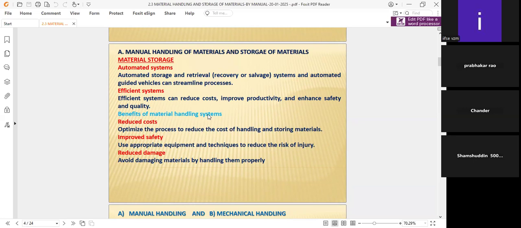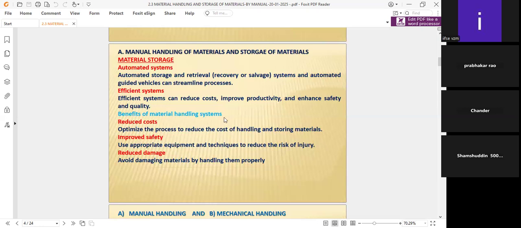If you maintain the systems in a systematic and safe manner, we will see that the costs involved, such as injury cost, the burden on the employee's cost, or employee hours, can also be saved, thereby reducing cost. That's why reduced cost and improved safety come together.